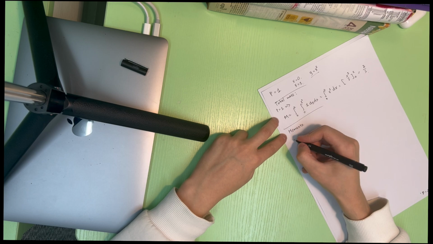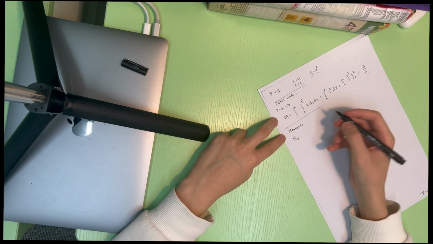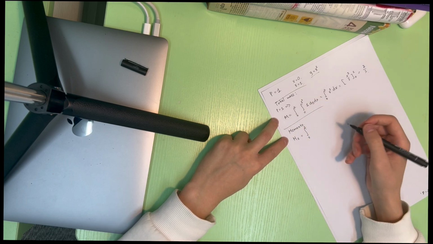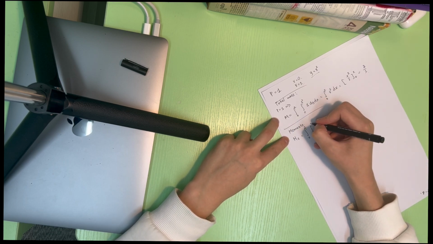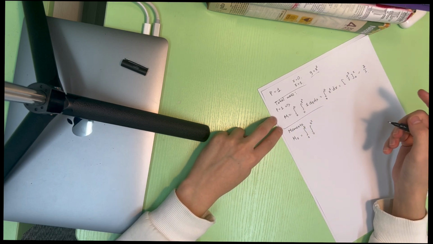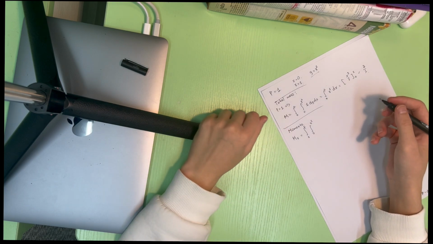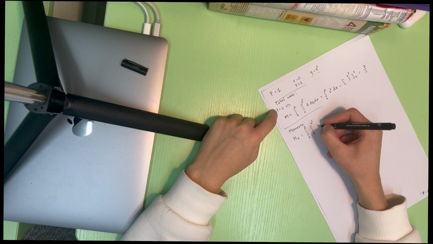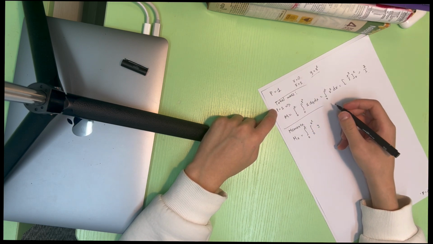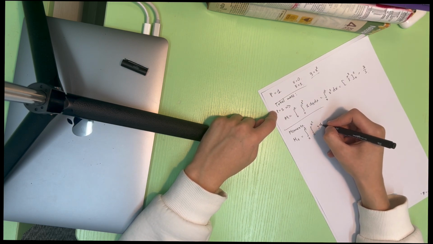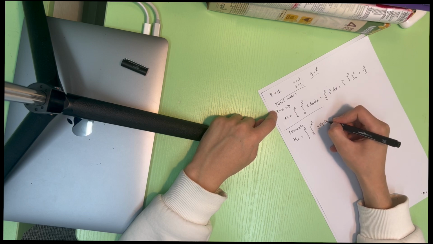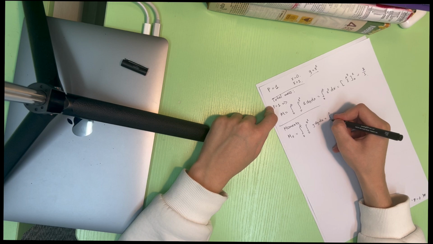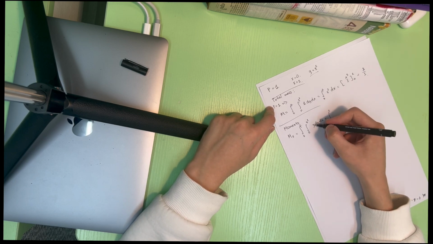Let's move to the moments. About the x-axis, let's call it Mx. It's also bounded from 0 to 2, and the integral from 0 to x squared. About the x-axis we should use y, so there's y dy and dx. So it equals the integral from 0 to 2.